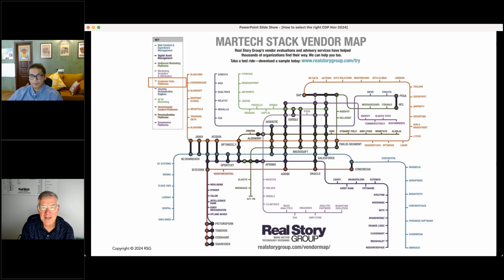For a lot of these MarTech landscapes, a lot of these marketplaces, you have vendors in the city center that sell multiple different tools, and then in the orange line here, which is customer data platform, is like a lot of other MarTech lines where you have independent players out there as well. It's a significant market with a lot of different players.